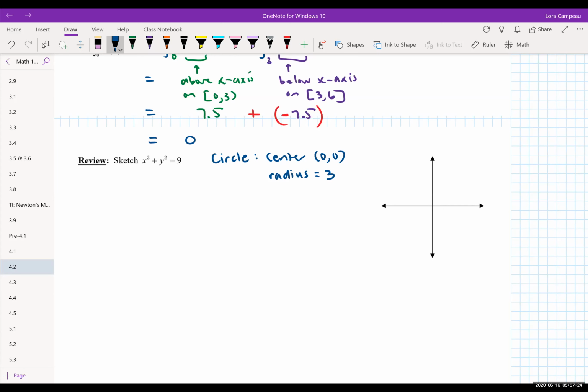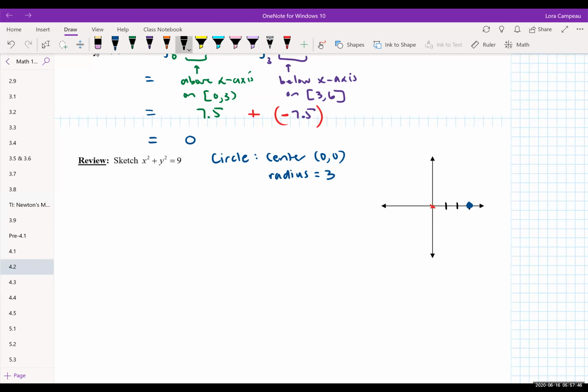So what I would like to do is let's just draw this. If I have a circle and the center is 0, 0, there's my point right there. If I count outwards 3 units, I have the edge of my circle, or one of the endpoints.